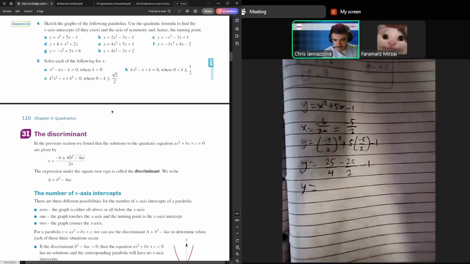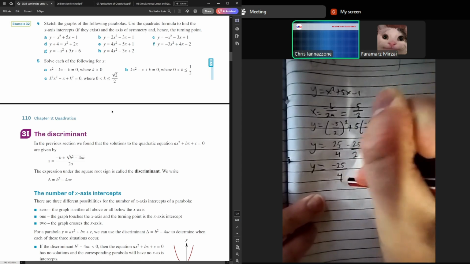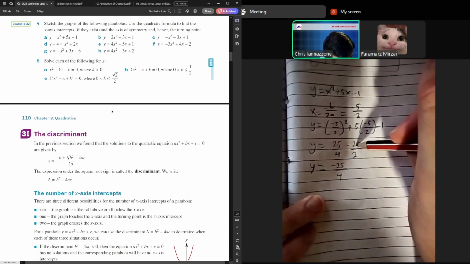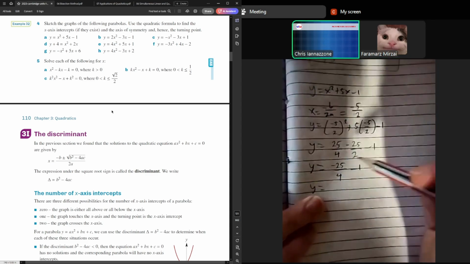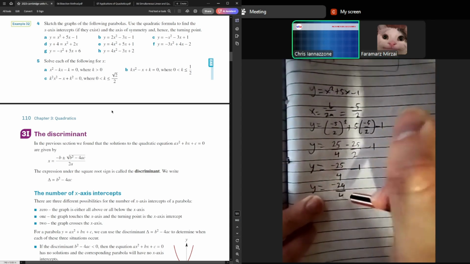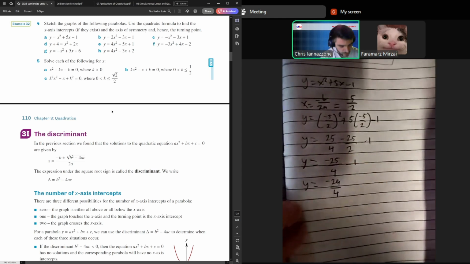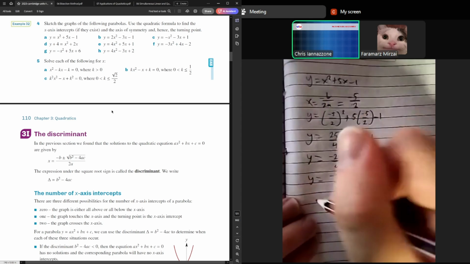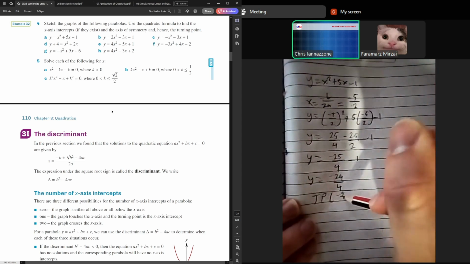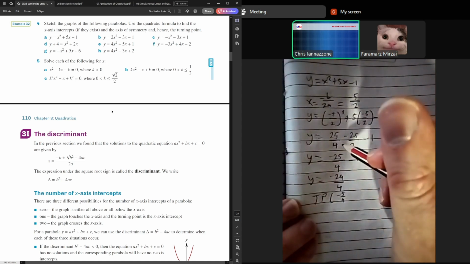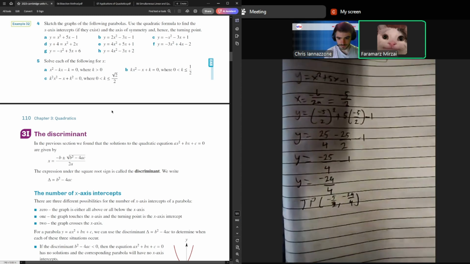So we're going to have 25 on 4, because this becomes negative 50 over 4, minus 1. y equals negative 29 over 4. So the final coordinate for the turning point is negative 5 over 2, comma, negative 29 over 4.